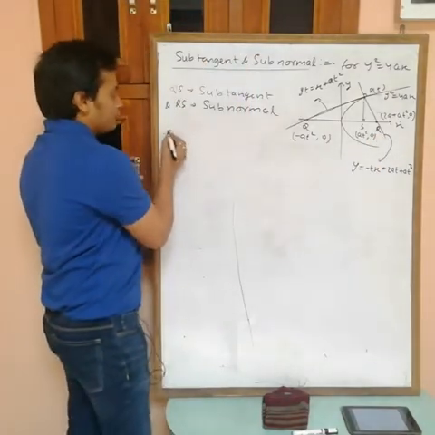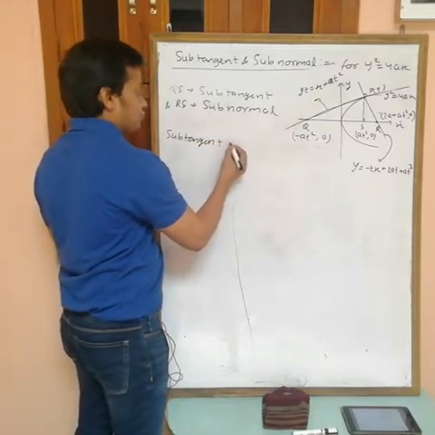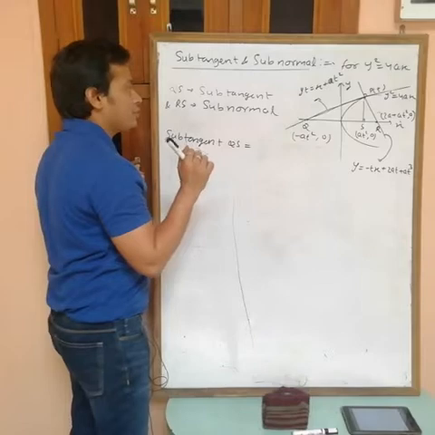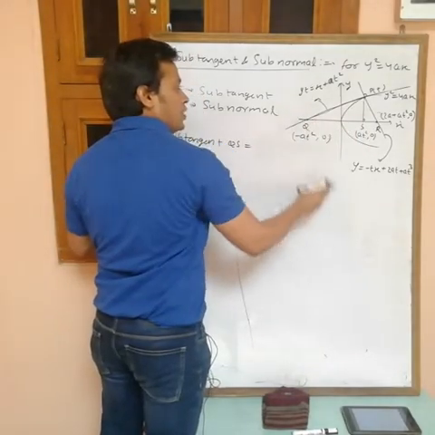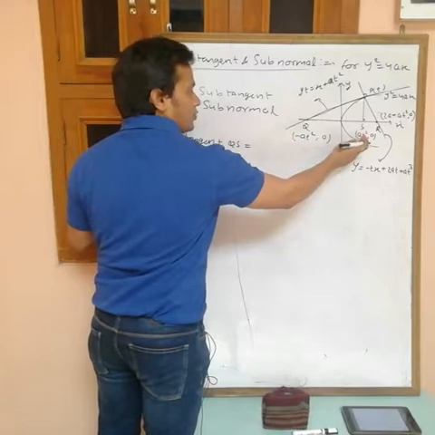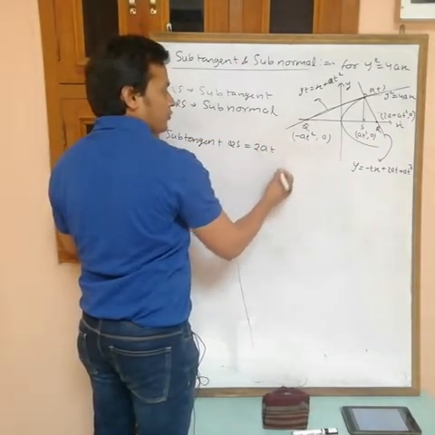Now subtangent QS is equal to this length plus this length. This length is at square, the x coordinate, and the other coordinate is minus at square, so this length is at square minus minus at square, and we are getting 2at square.